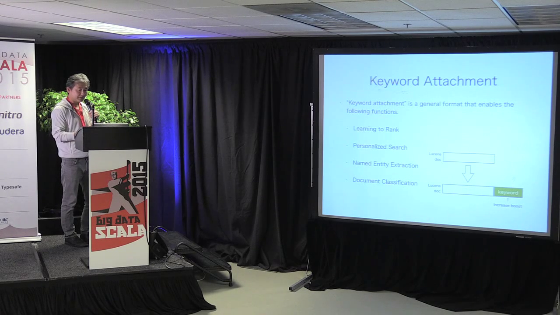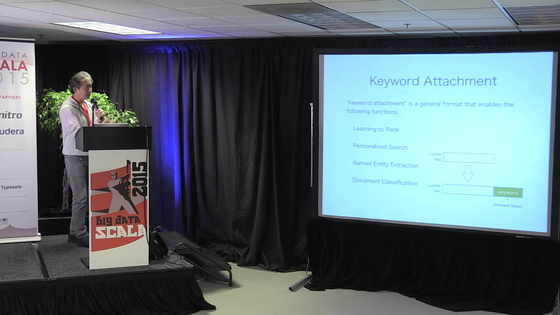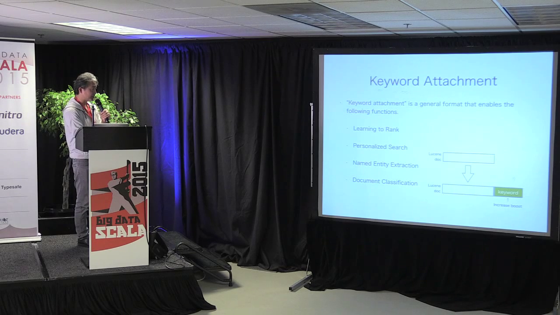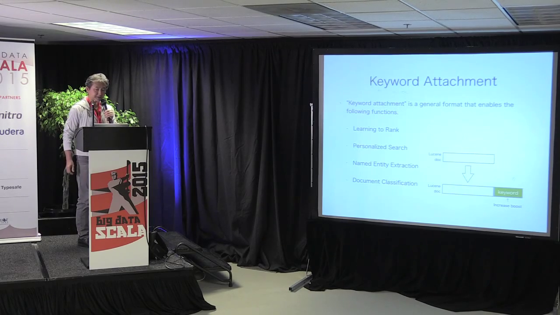You can then increase the boost value for that field. The keyword attachment is considered a general implementation approach for functions including learning to rank, personalized search, named entity extraction, and document classification. Let's move on and let me explain learning to rank and personalized search.